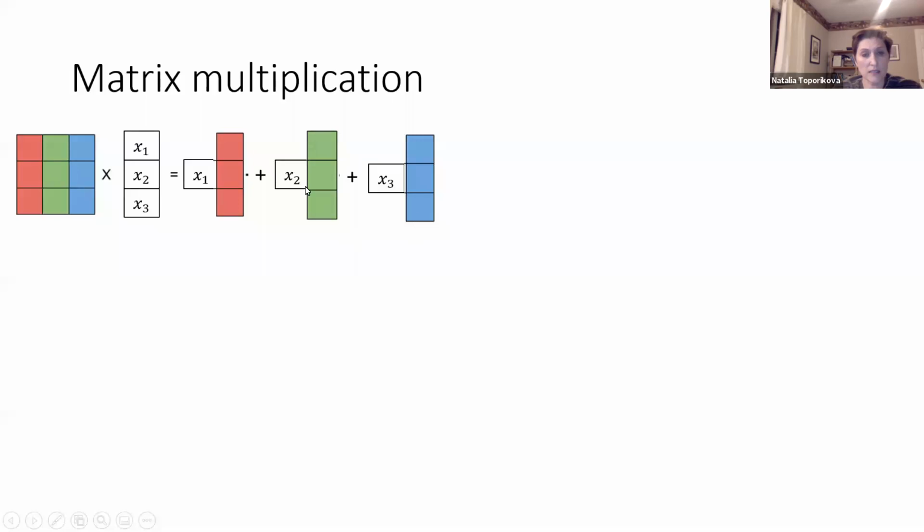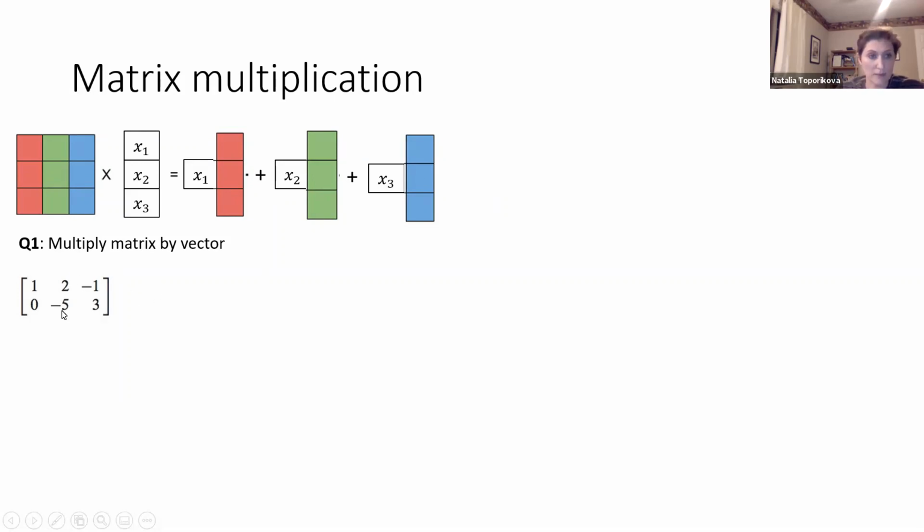That might look familiar, because it looks like a linear combination of the elements of our vector with the columns of our matrix. But if it is slightly confusing, let's go through an example.